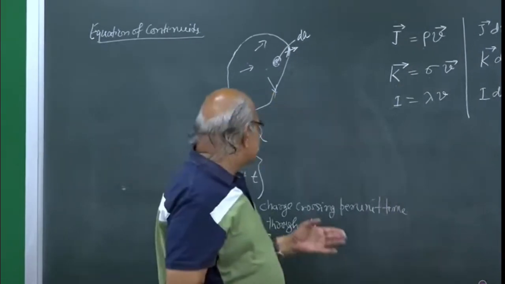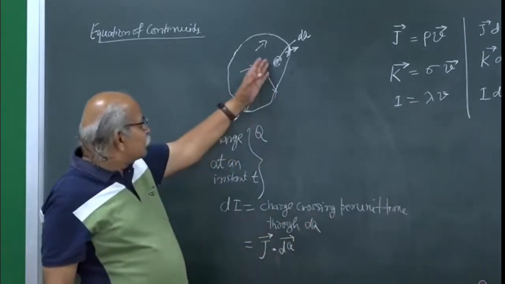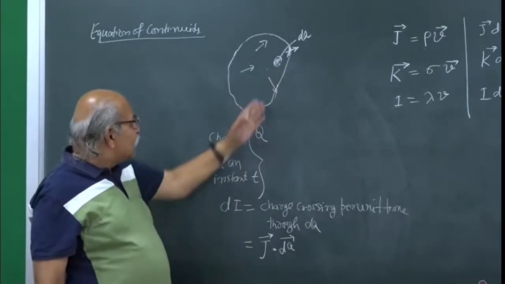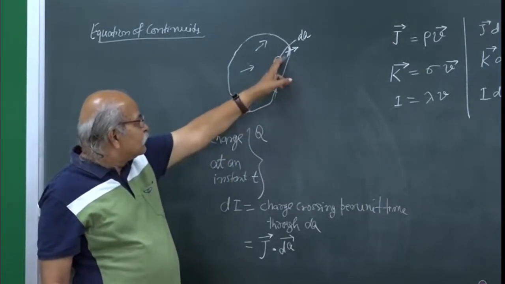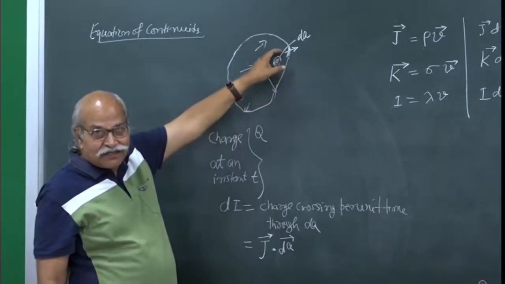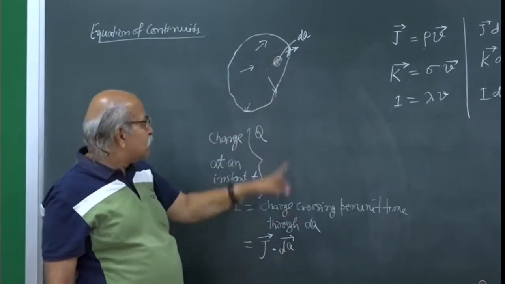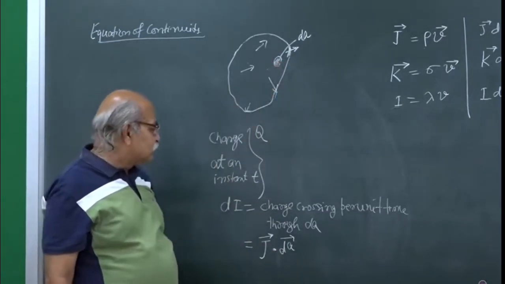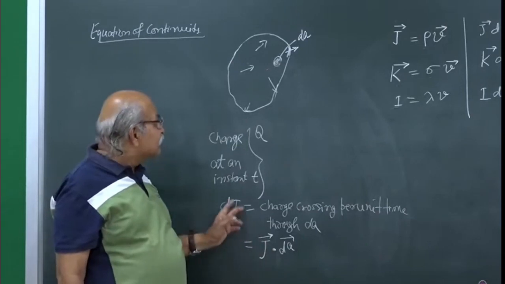So the charge which is going from inside to outside, that is our current, and that is the direction of dA, perpendicular to this surface. Charge may not be going perpendicularly, but the dA vector will be perpendicular, and the direction is outward. So this J dot dA is the current.